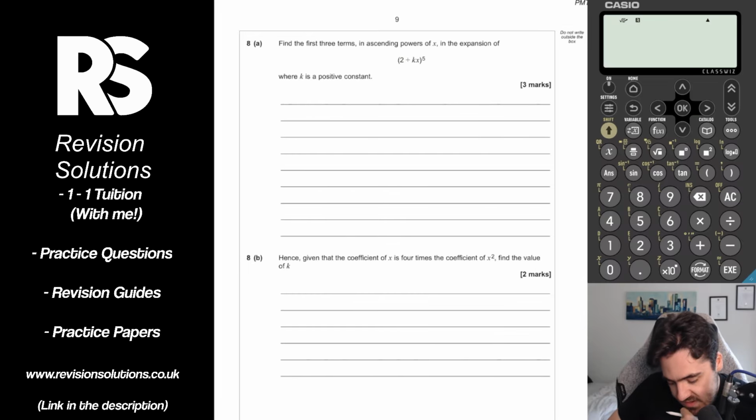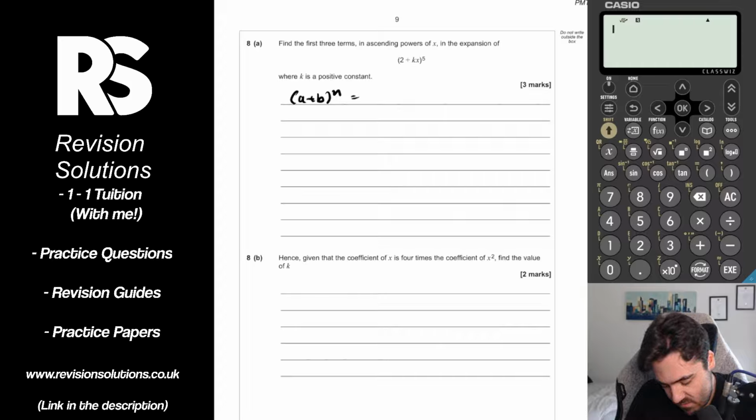Going now to question 8, it says the first 3 terms in ascending powers of x in the expansion of 2 plus kx to the 5. Find the first 3 terms in the expansion of 2 plus kx to the 5, where k is a positive constant. So that's an integer power, so we can use the a plus b to the n form, which is in the formula booklet.